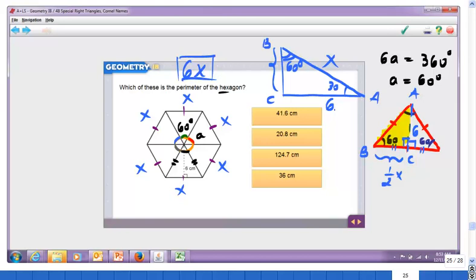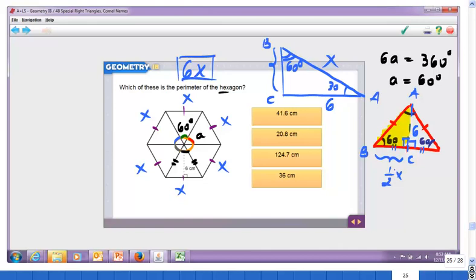Now I know the altitude here, the longer leg actually, is 6. What is the relation between the shorter side and the longer side? Well, the shorter side is 1/2 X in here.